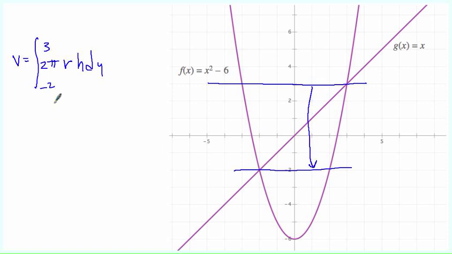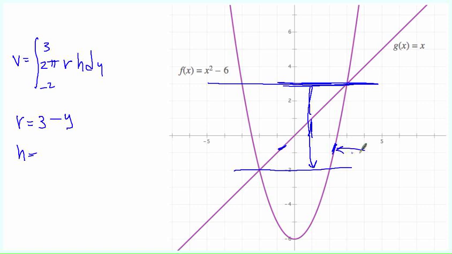My radius is 3 minus y. That's my radius because I'm starting here and subtracting this little y, right? So the height in the first part is this y minus this other y.